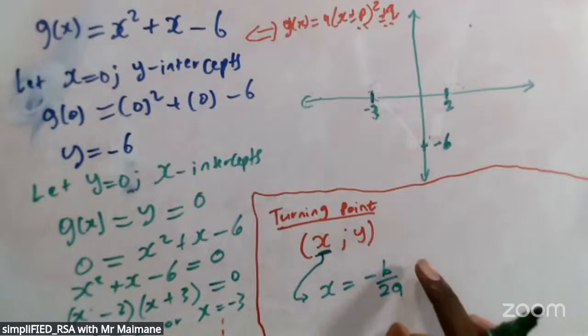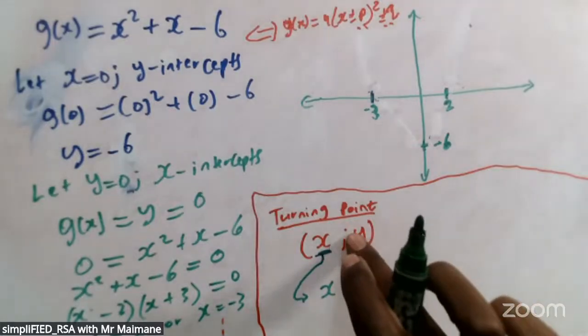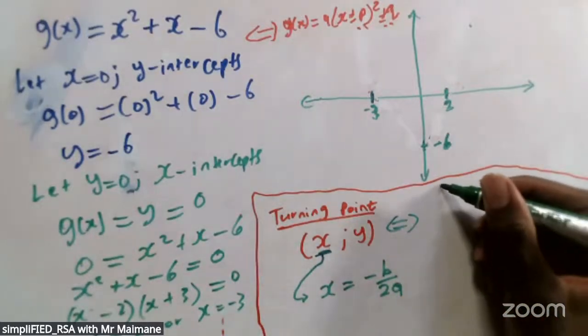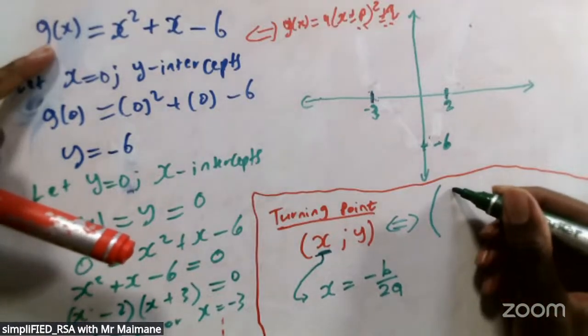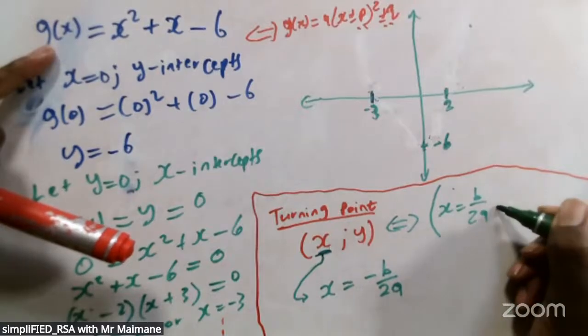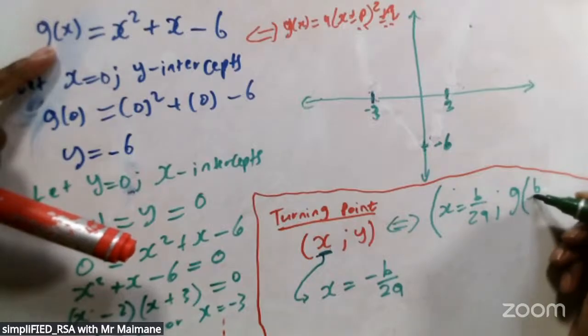And then whatever value you get from here, you're going to substitute it there. So to put it properly, the turning point would be x equals minus b over 2a, into g of minus b over 2a.